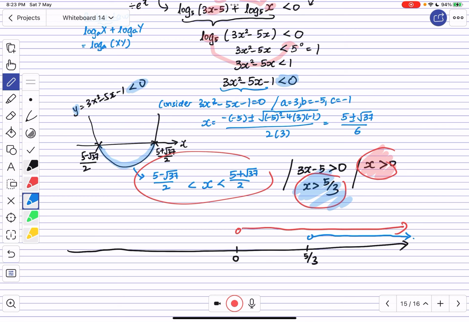Next, in green, 5 minus square root 37 over 6. Let me check the value. 5 plus square root 37 divided by 6 is approximately 5.54138 by the speaker's working, and 5 minus square root 37 divided by 6 is about negative 0.54138. Just so that we have a small sense of where the values are supposed to be.